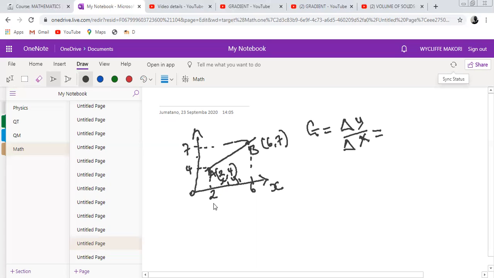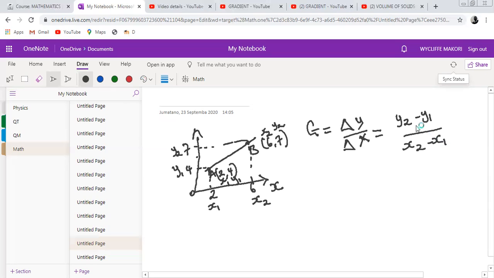So this is our x1, this is our x2, this is our y1, and this is our y2. Therefore, gradient will be equal to y2 minus y1 over x2 minus x1.